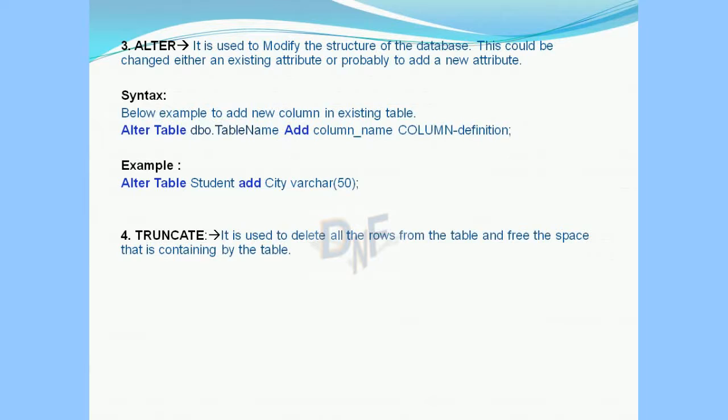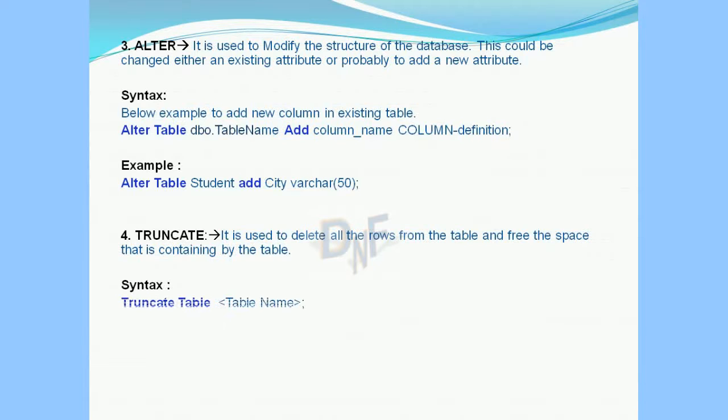The next command is the truncate command. The truncate command is basically used to delete the records from the table, and it also frees the space that is contained by the table. The truncate command is also a very important command in the database, and most of the time we use it. We cannot use a where condition in a truncate command. It removes all the records from the table and frees the space contained by the table.